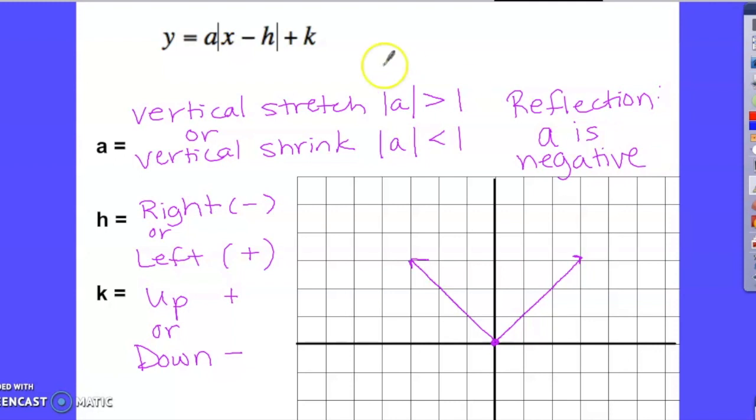The h and k are going to be what we start with. Once we've written out our transformations, that's going to tell us where our starting point is. And then we're going to treat, with the V shapes, the a like it's kind of a slope. So if it's a positive slope, you're going to go up and to the right. If it's a negative slope, you're going to go down and to the right.